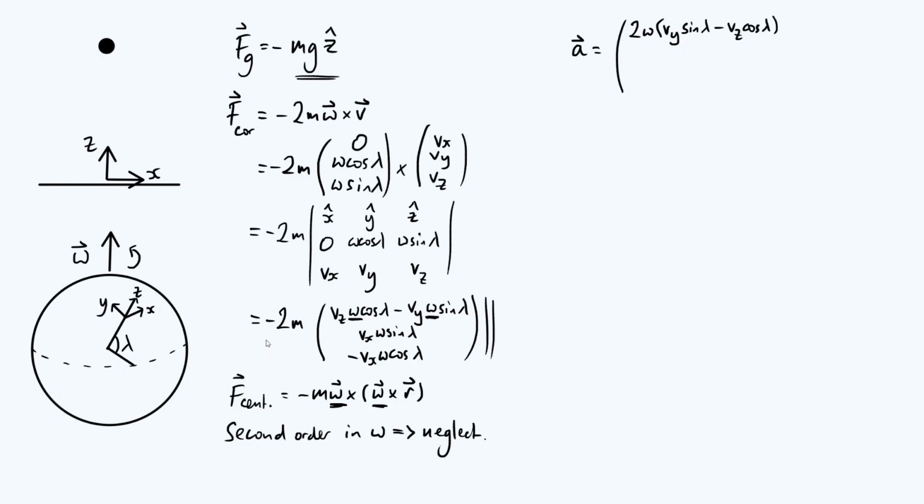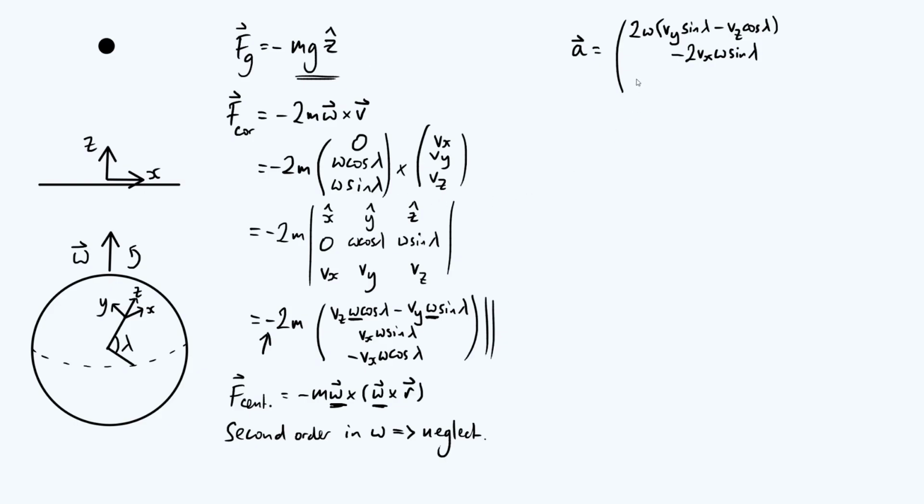Remember, there's a minus sign in the front there as well. That's why these terms have switched around. Then our y component is simply going to be minus 2 vx omega sine lambda, just from this term over there. And then our z component, remember we've got one contribution from the Coriolis force vector, but we also have a contribution from gravity, because that was purely in the z direction.